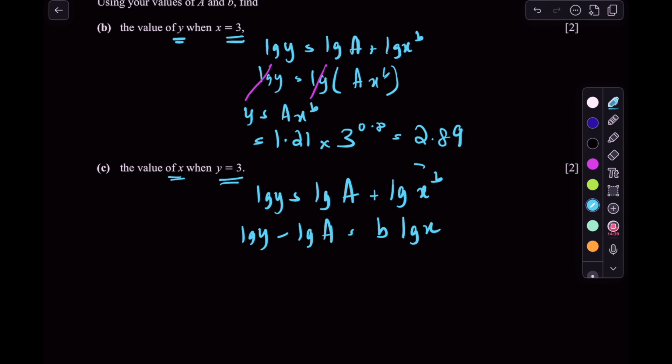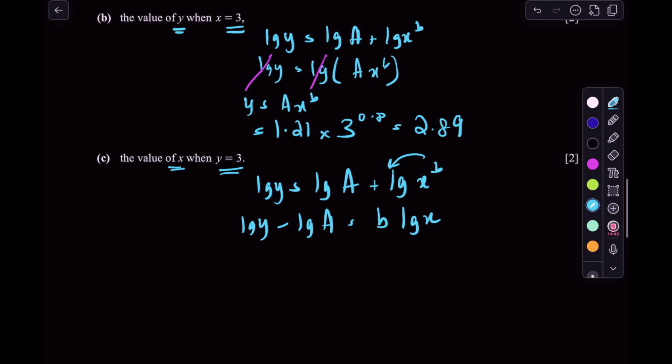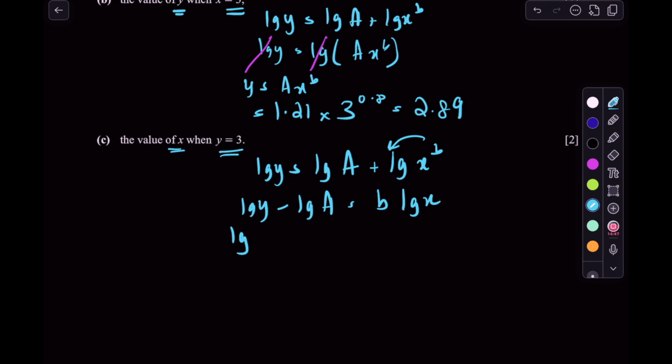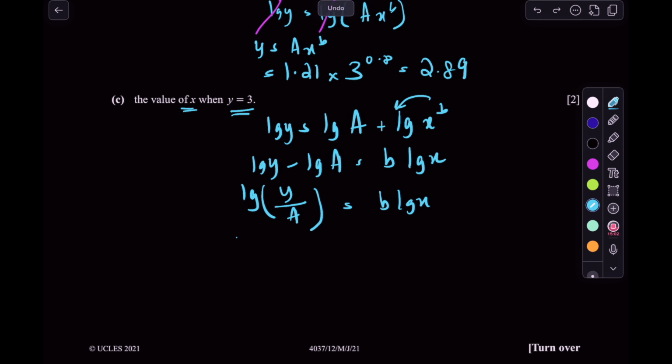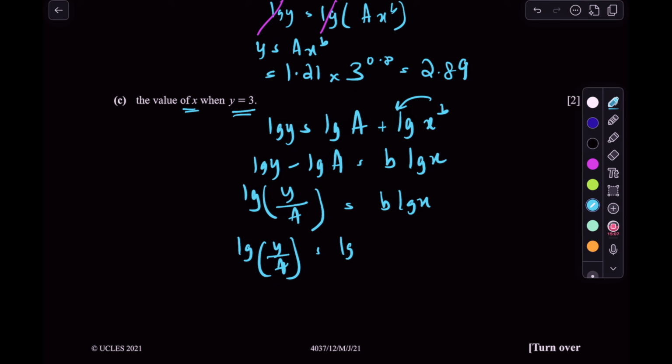I just applied the power rule here, and I took my lg a on the left hand side and made it a single logarithm, and because of the negative sign between them, I apply the quotient rule, so it becomes y divided by a equals b lg x. Oh no, I don't think so. It doesn't help me a bit. I shouldn't have applied the power rule here. So it just becomes lg x to the power of b. I'll just reverse again, because it didn't help my cause.